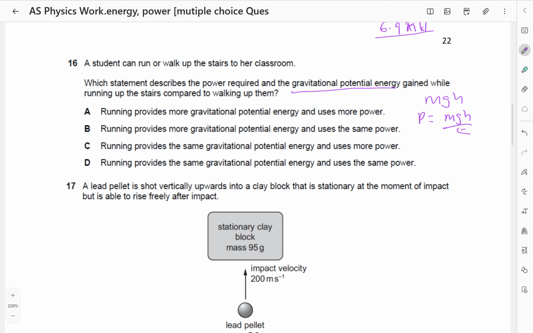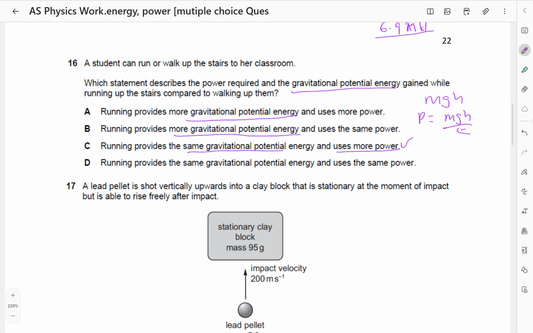So running provides more gravitational potential energy? No, gravitational potential energy remains the same. So A and B are automatically wrong because they say running provides more gravitational potential energy, which is not true. Running provides the same gravitational potential energy and uses more power.